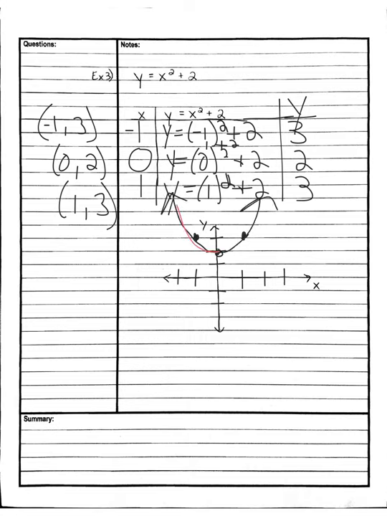I should have used some different colors here, sorry. It's going to create a parabola. It's going to be a U. So it is different than the last one. We're not going to have a V here. We will have a U. Creates a parabola because it is a quadratic. And we could look back to 4-3 notes to see the difference between all of the different equations.